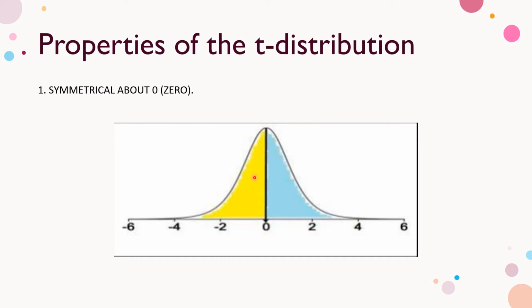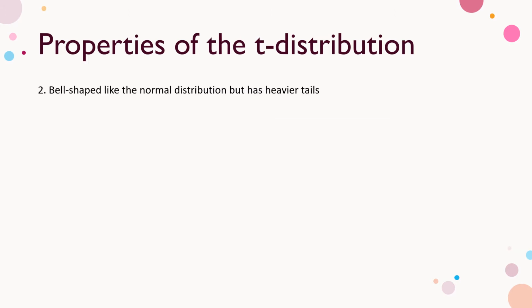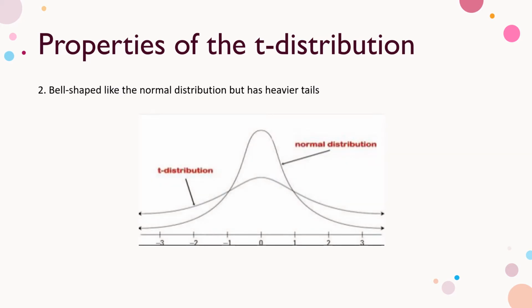So when we talk about the area of these two parts, the area of this right part is equal to the area of this second part. And it looks like the right is the mirror image of the left, and vice versa.